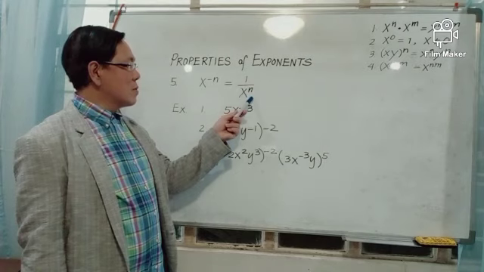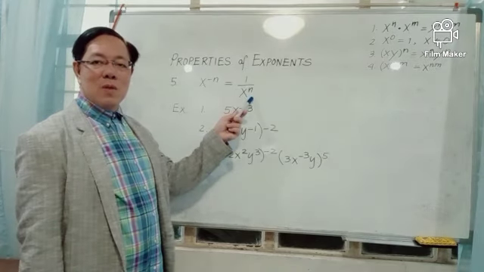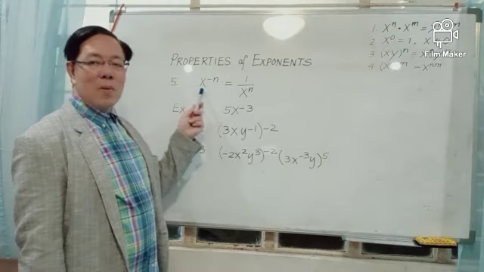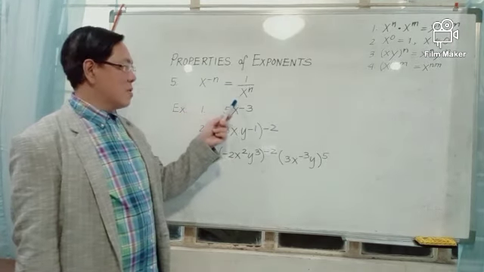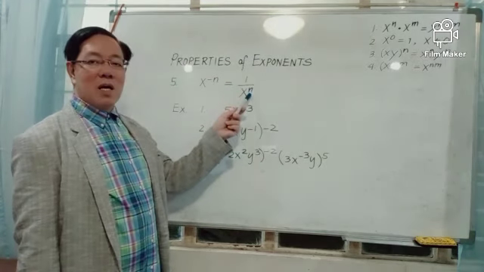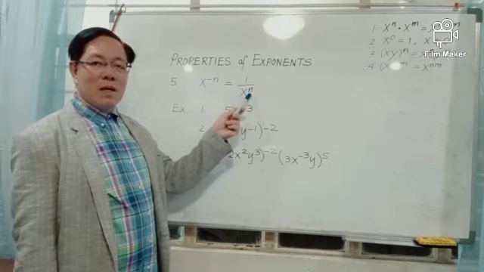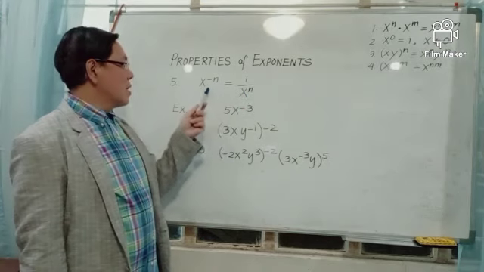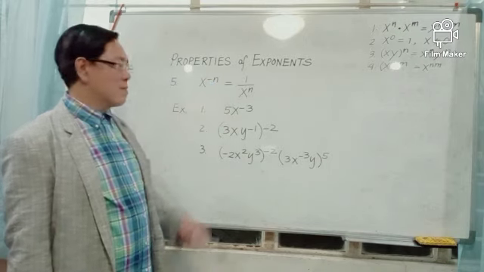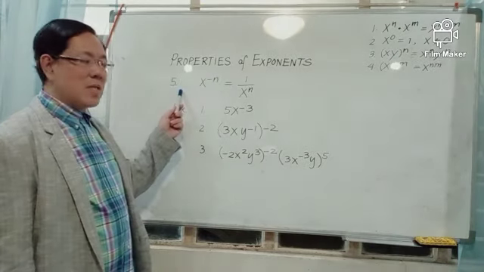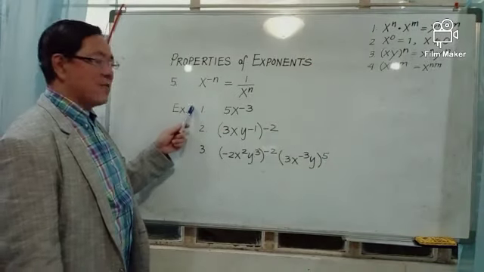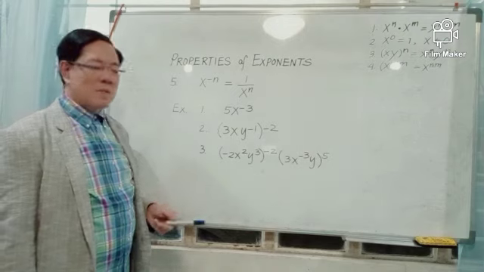If you want to, you can also bring x to the n to the numerator and you will go back to the left hand side of this equation. If you bring x to the n to the numerator, take the opposite sign of positive n. Its opposite sign is negative, and you have x to the negative n in the numerator. We apply this property and other properties of exponents to simplify the following problems.